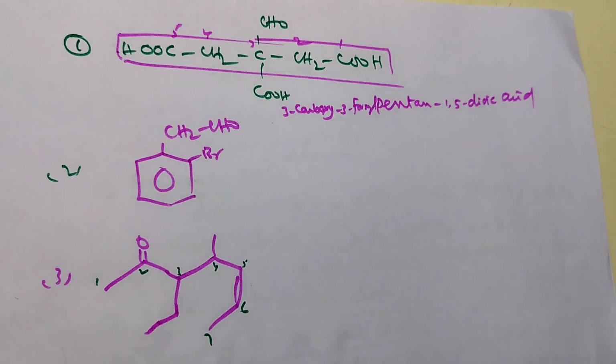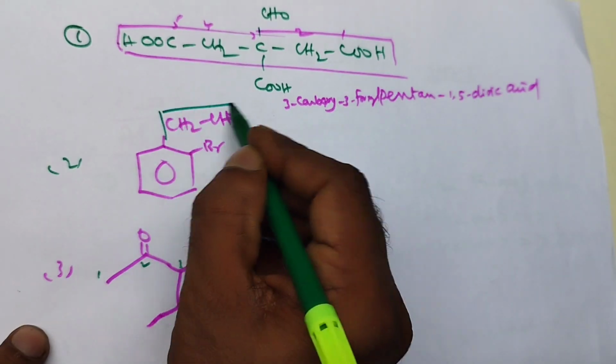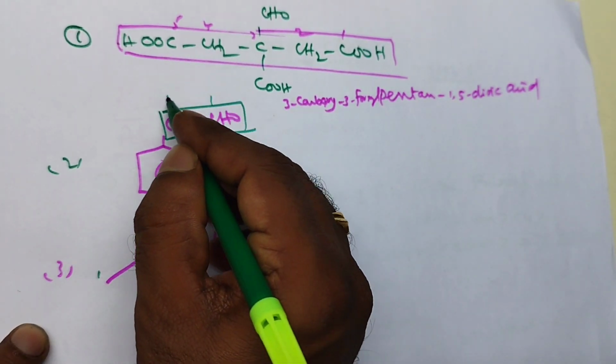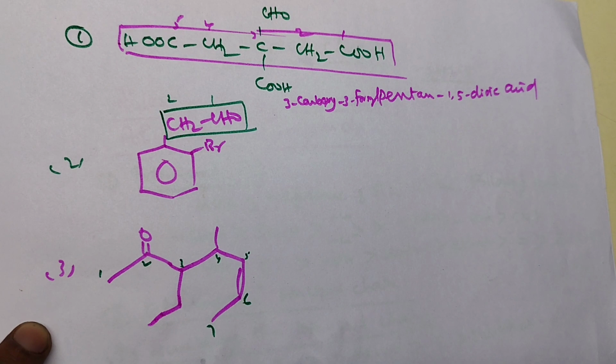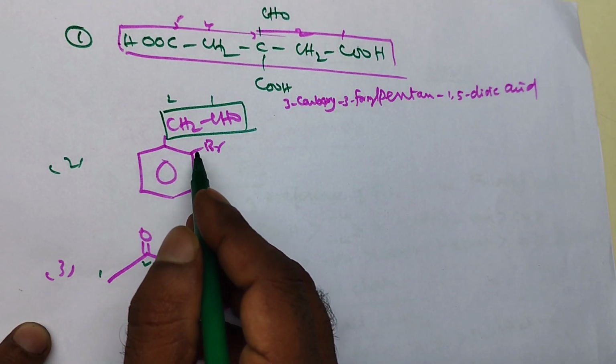The next compound, the second one. The parent name: 1, 2, two carbons, that is eth, and the compound is an aldehyde, so ethanal. Number from the functional group.